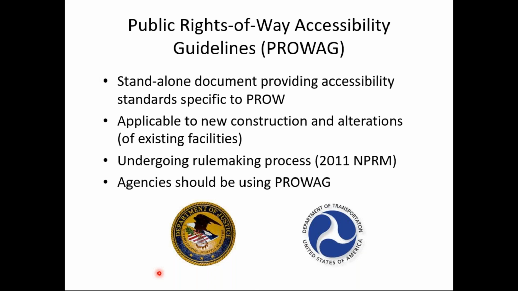The issue with those 2010 guidelines, or ADAG as it's also called, is that those are intended for buildings and on-site facilities. They don't really address all the issues in the public right-of-way that we face, like crosswalks or signals. So the US Access Board issued PROWAG to address those issues in the public right-of-way.